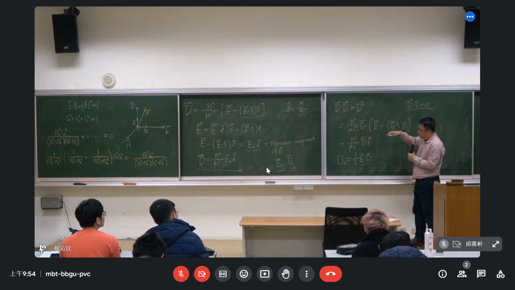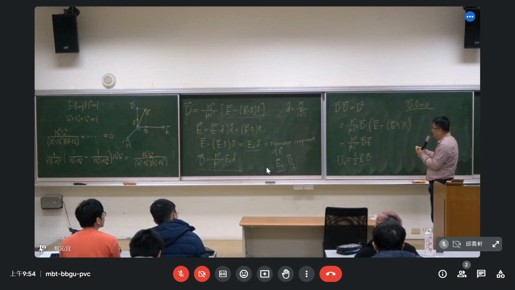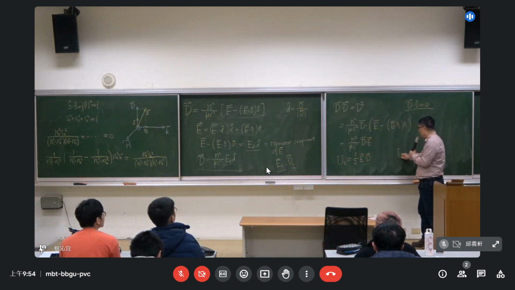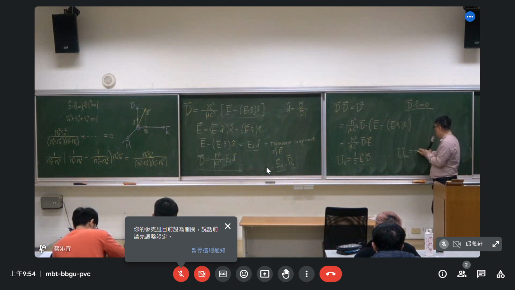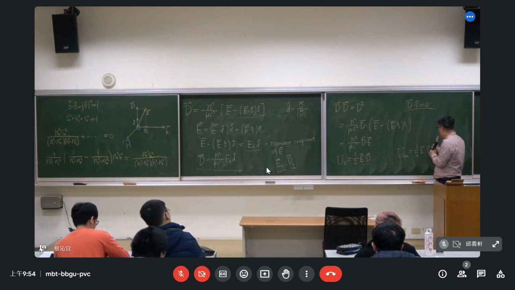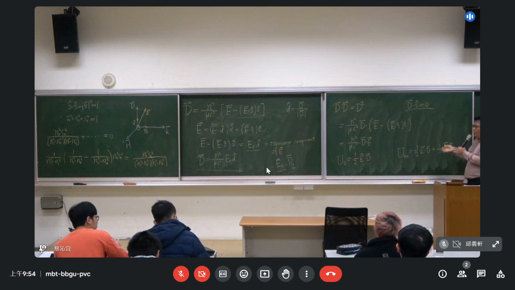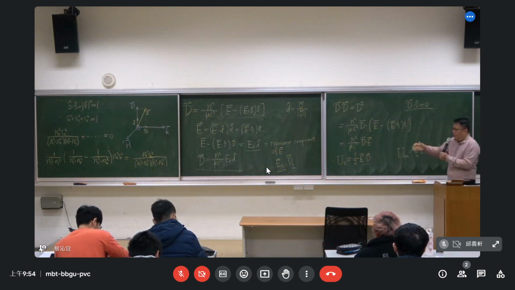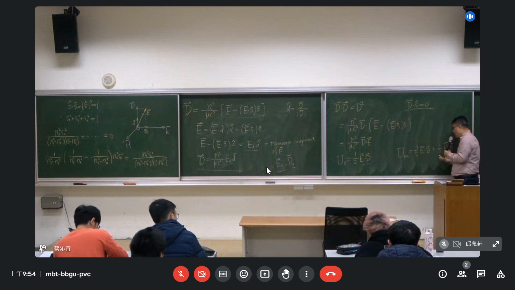However, if we take the time average, you know that the total EM energy density is 1/2 E dot D plus 1/2 H dot B. For a sinusoidal wave, so for a plane wave, the electric field energy can change into magnetic energy density and change back.